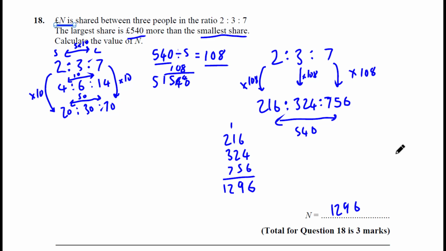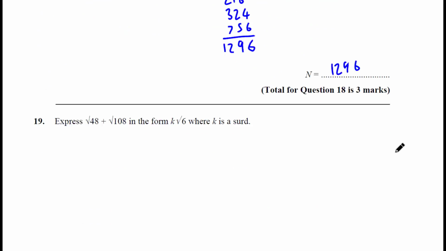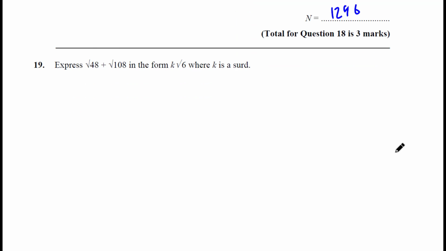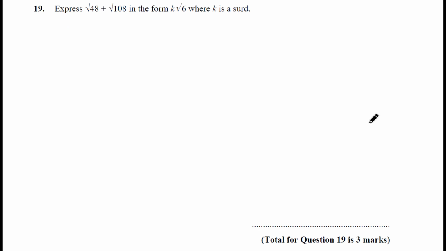Now I think we're pretty close to our grade 8 now. Once we hit 19, that is our grade 8 achieved for sure. Now practicing these papers will consolidate your key skills at mastering the first half of the paper and interleaving your skills. So I highly recommend doing these past papers.